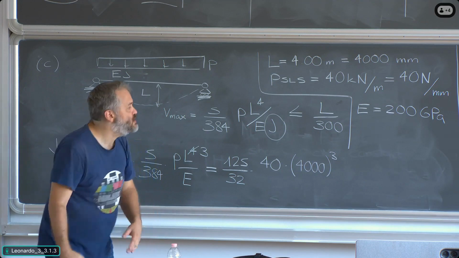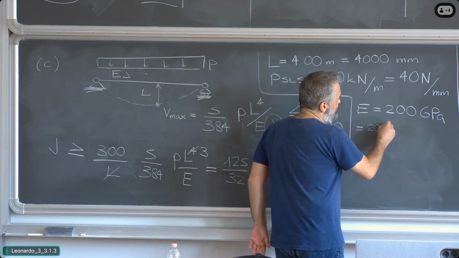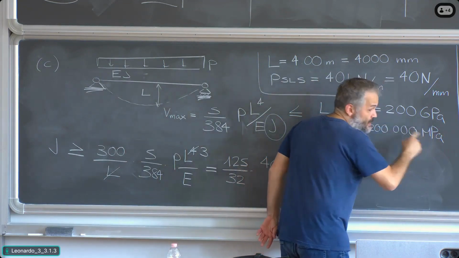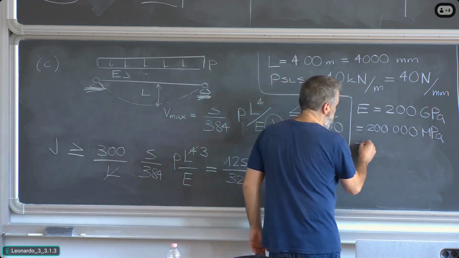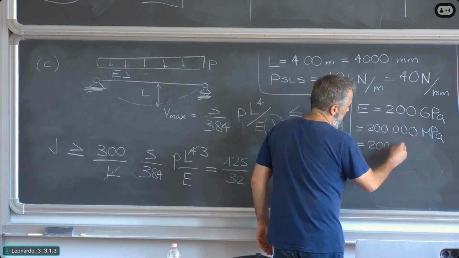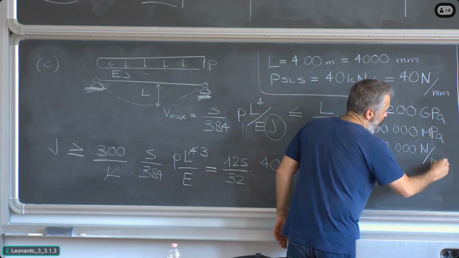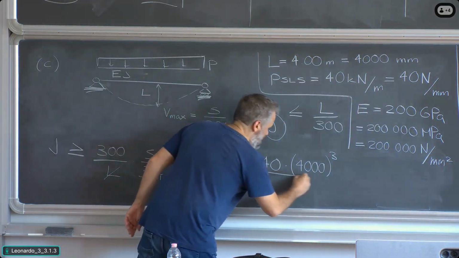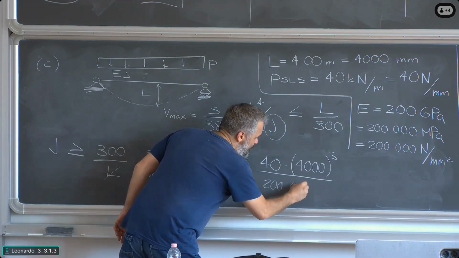It is better to see that this number is equal to 200,000 megapascals. Why? Because megapascals are Newton over square millimeter. So here I'm going to put divided by 200,000.